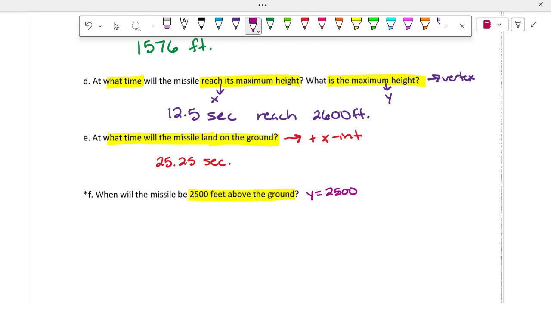What'd you guys get when you found the intersections? 10 seconds and 15 seconds. All right, and just so you're aware, it's ascending at 10, and it's descending at 15. Now, I don't necessarily need you to specify that on a test. I'm just making sure that you guys are aware which one's which.